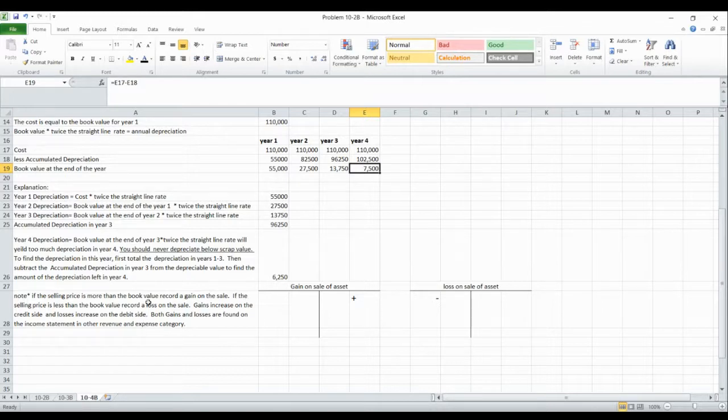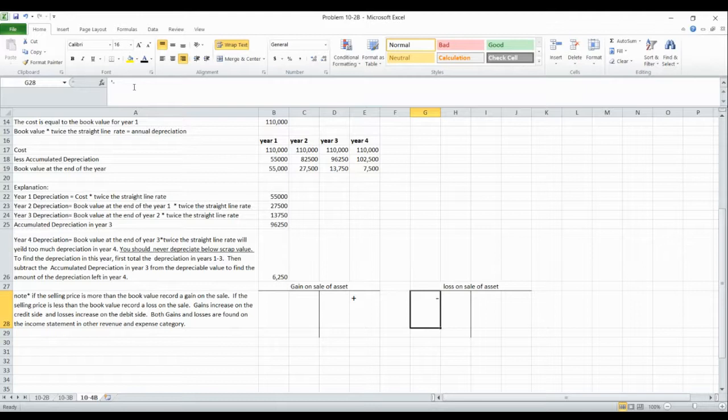So if the selling price is less than the book value, you would record a loss on the sale, and that loss would be represented in a ledger account, and this T account represents our ledger account. Losses would increase on the debit side. That should be a plus there.